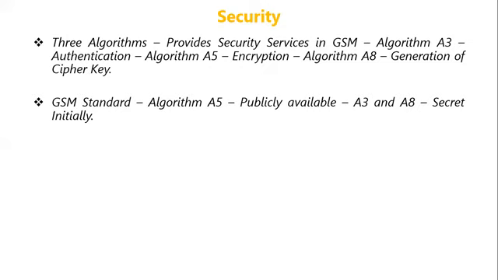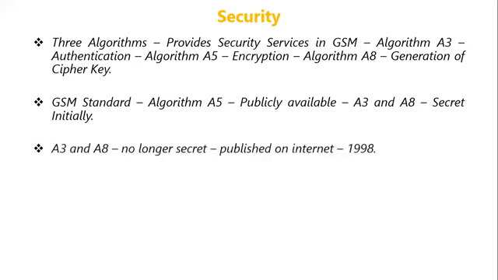Originally, GSM published A5 publicly. Anybody can see that algorithm. Initially, the algorithms A3 and A8 were kept secret, but currently it is not a secret. A3 and A8 were also published on the internet in the year 1998.